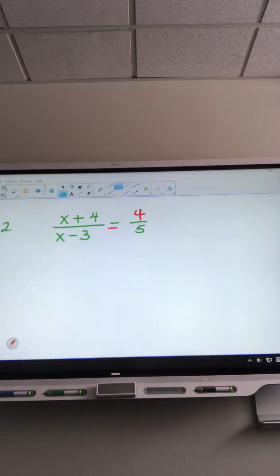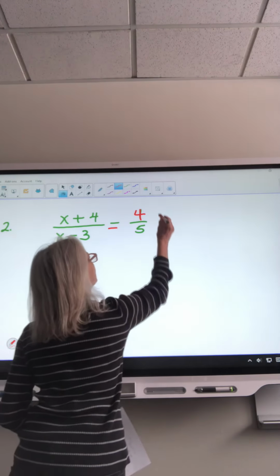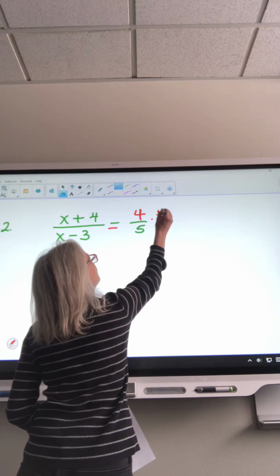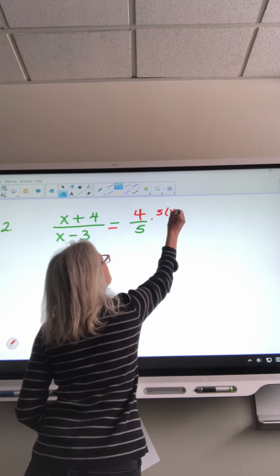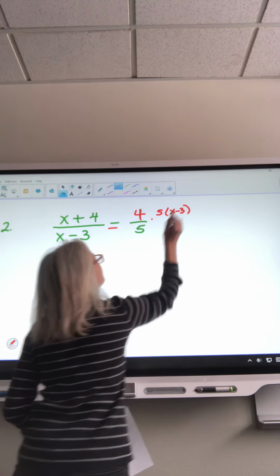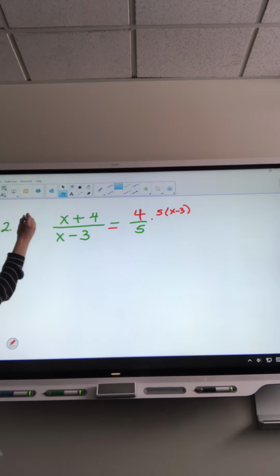So we've got x minus 3 as a denominator and 5. That means our common denominator needs to be 5 times x minus 3, and so this would also be 5 times x minus 3.